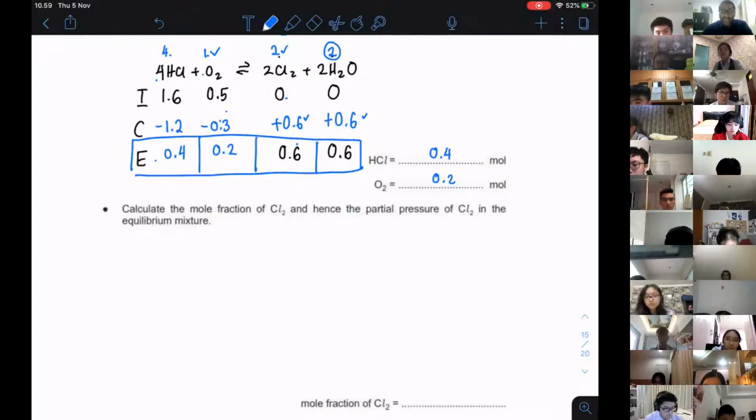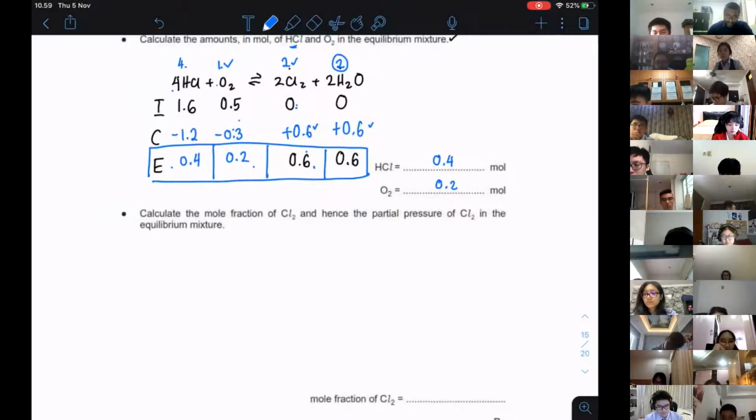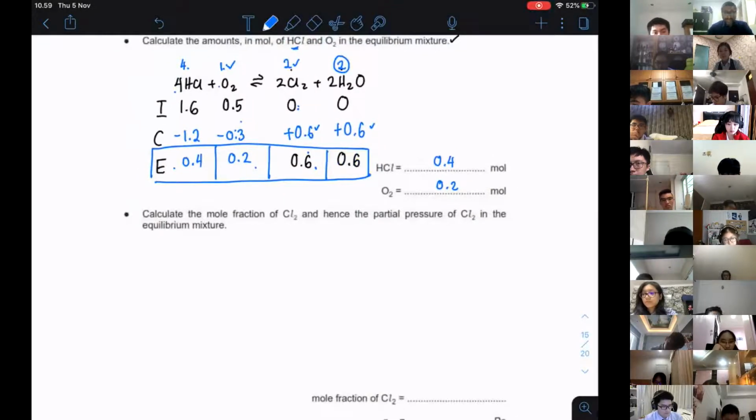Initial minus the change. So it's all the same thing. How can you get 0.2? 0.5 minus 0.3. How can we get 0.6? 0 plus 0.6. Now, calculate the mole fraction. These are the heroes of the story. We are not bothered about I and C anymore.